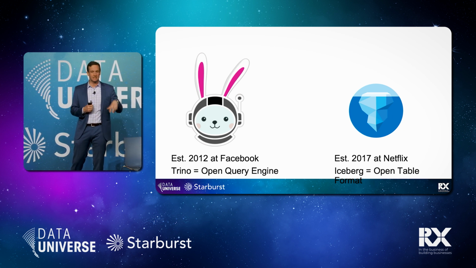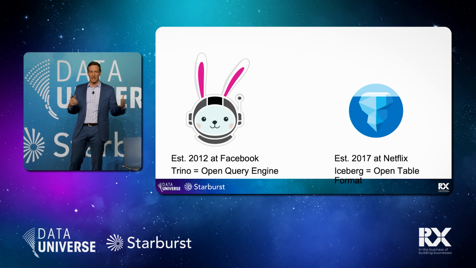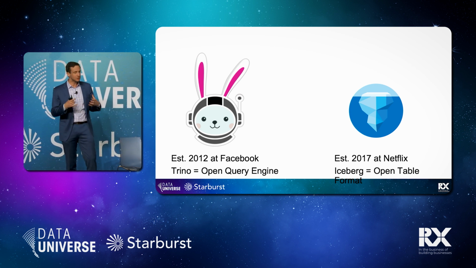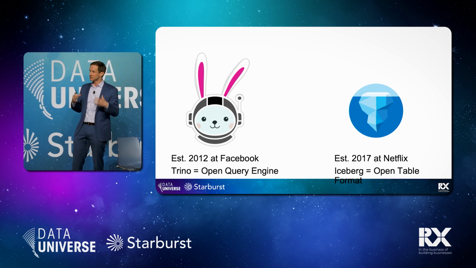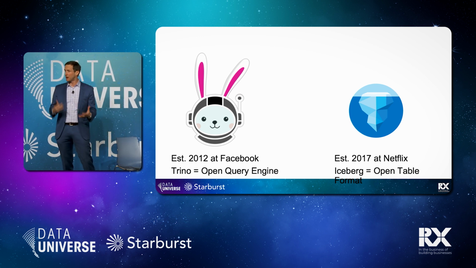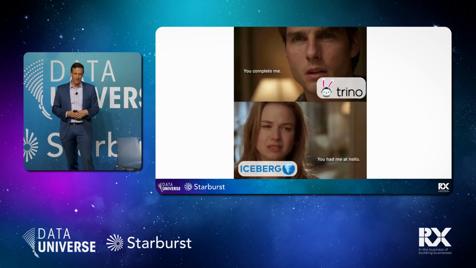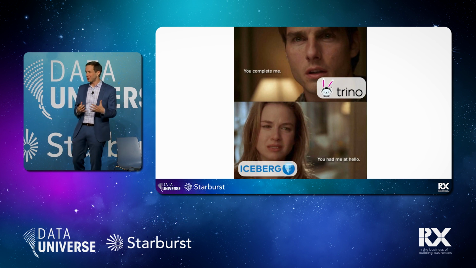But what's different this time around is that Iceberg allows you to do updates and deletes, allows you to do time travel, allows you to really do active data warehousing activities out of an open file format. And so the combination of these two technologies allows you to create effectively an open data warehouse, which is a powerful, powerful concept.